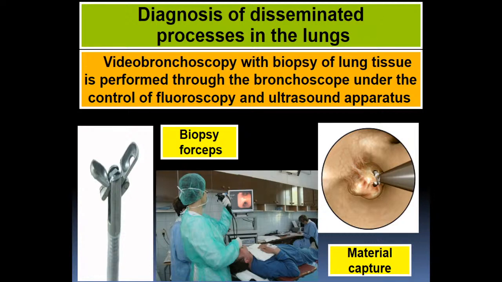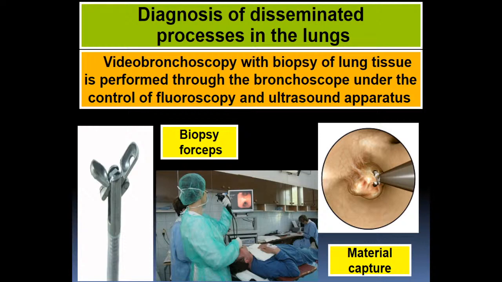More detail about these methods. Video bronchoscopy with biopsy of lung tissue is performed through the bronchoscope under the control of fluoroscopy and ultrasound apparatus. On this photo, you can see biopsy in video bronchoscopy.